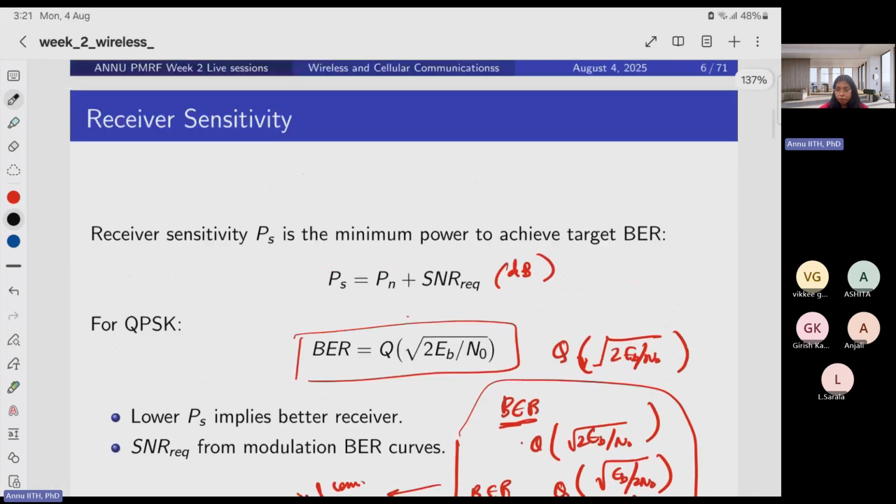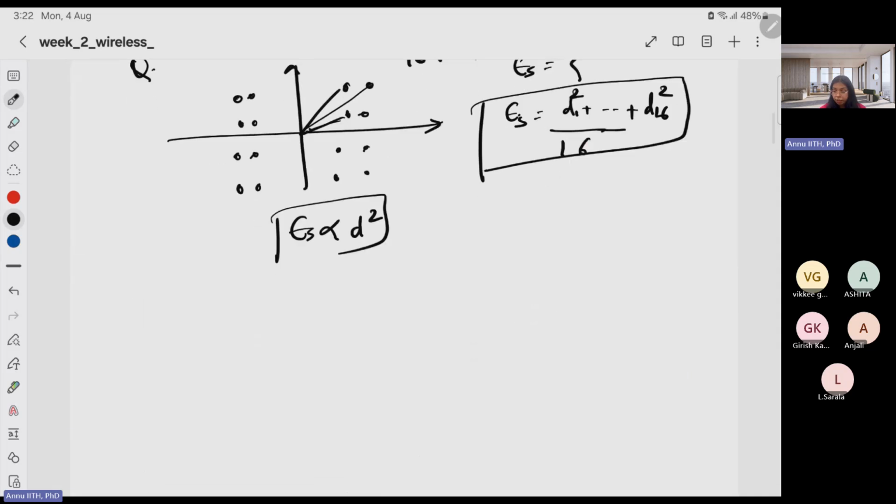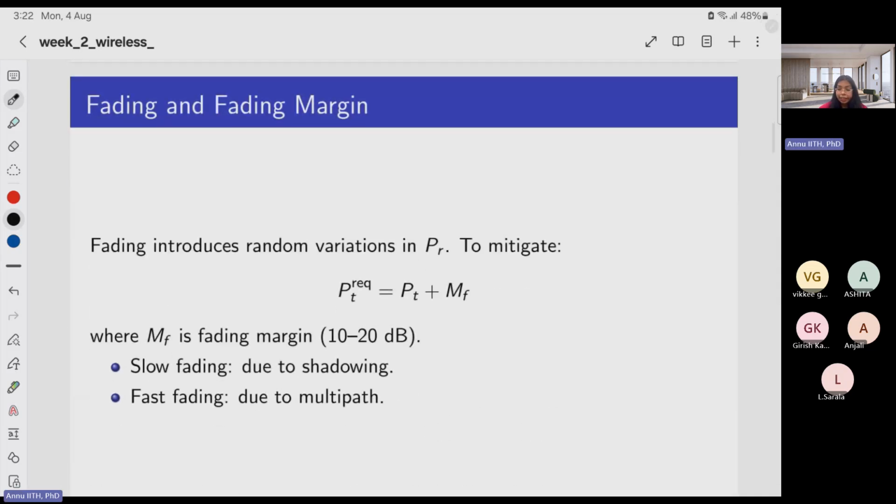So you have SNR, and this is the bit error rate. Can anyone tell me what this is? This is the curve, basically. Now, the fading margin. Fading causes random variations in PR, that is the receive power. Understood, right?